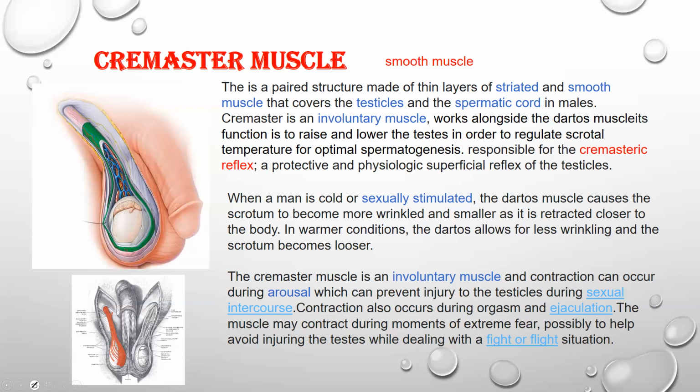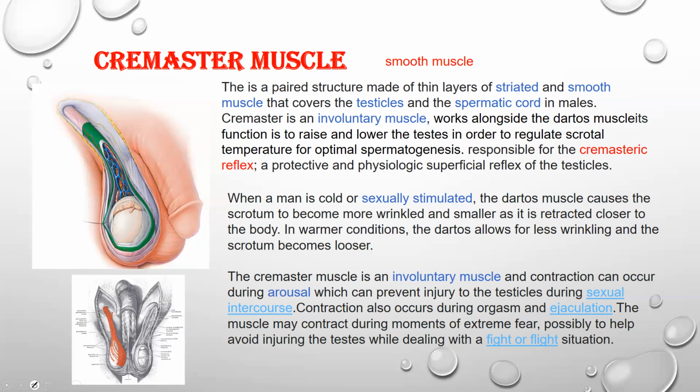Depending upon what situation is going on with the male, assume that the male is sexually stimulated and sexual arousal is going on. Whenever we need the penile structure to come to erection, some stimulus is going to happen with the penis, some external stimuli, it can be anything.